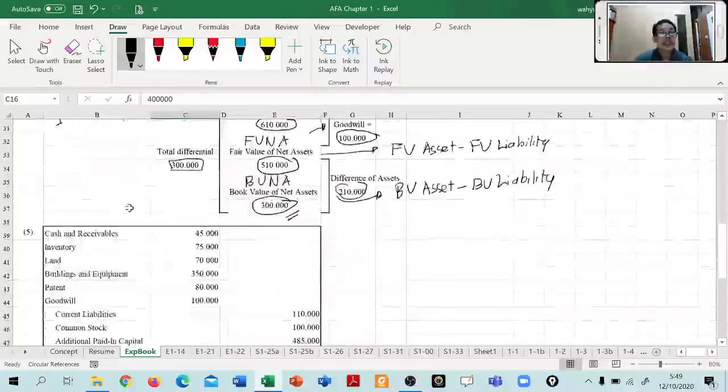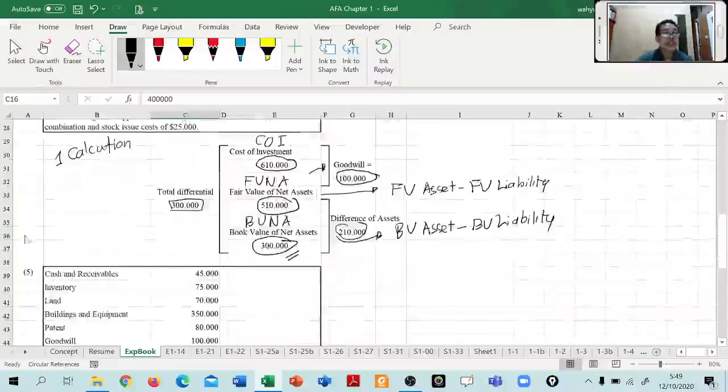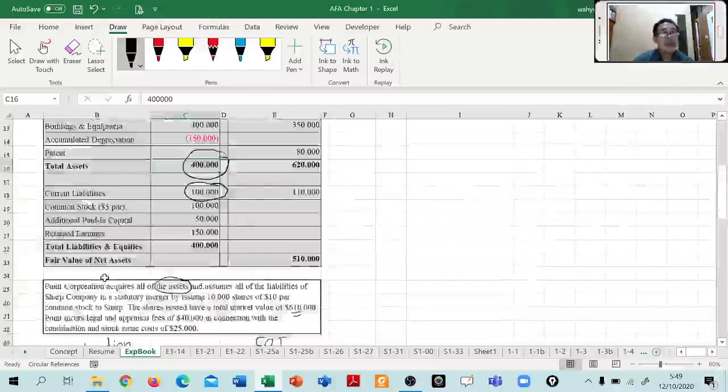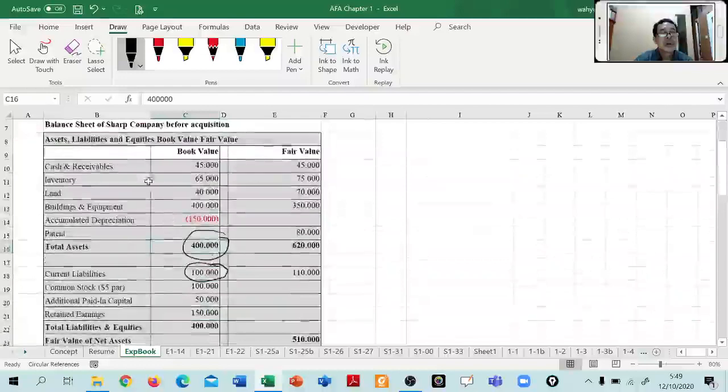Okay, next, the next step is to make the journal entries. We make a journal entry based on the information of the balance sheet, cash and receivable. Do we choose book value or fair value?